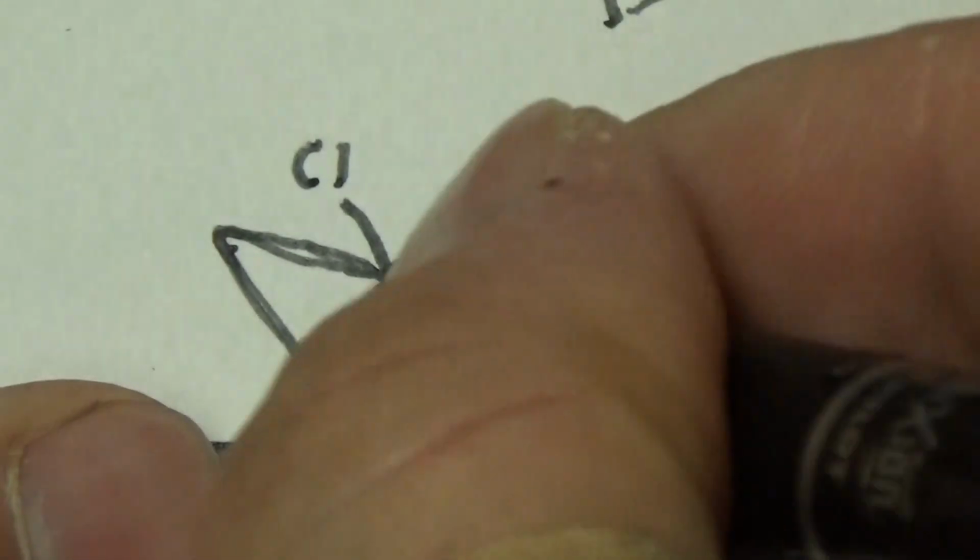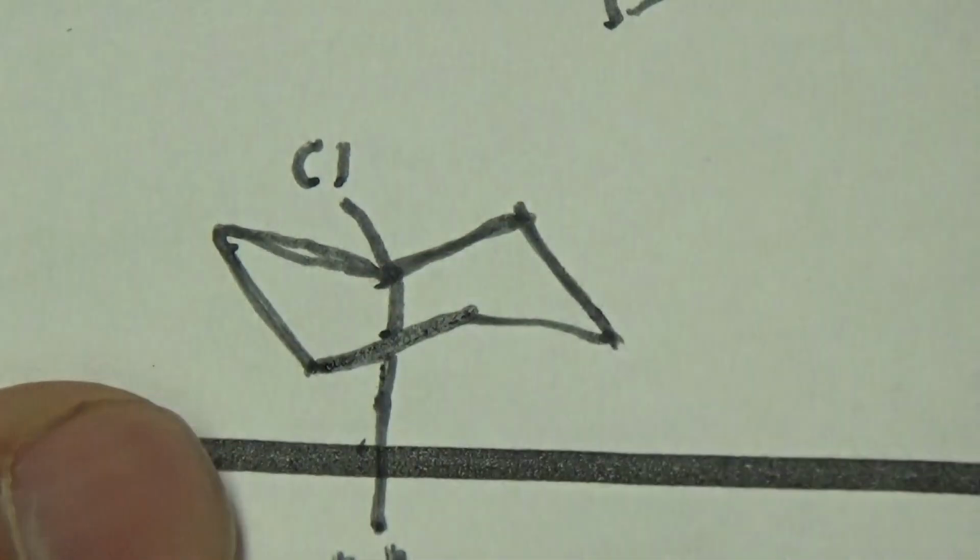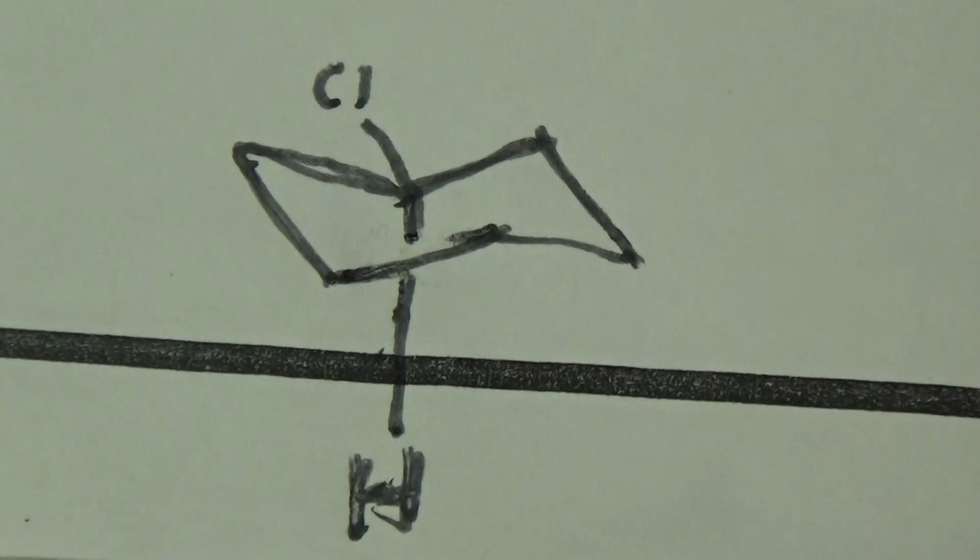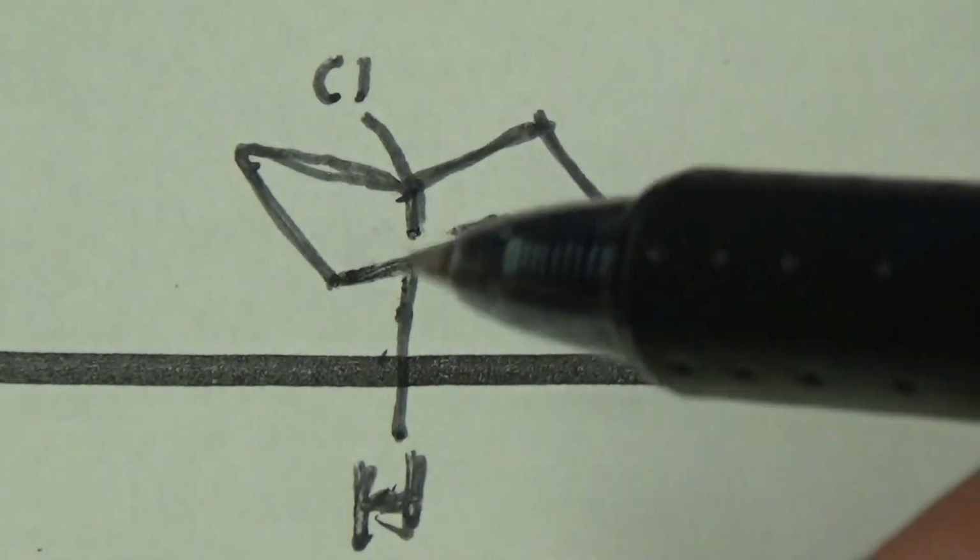This line is in front of us, right? Okay, so I tried to do that. I didn't do it too well here. Let's try it again. Okay, let's try this one more time. That's a little better. That's what I'm trying to show in the back there. Now it's very clear that the H is in the back and this line is in front.